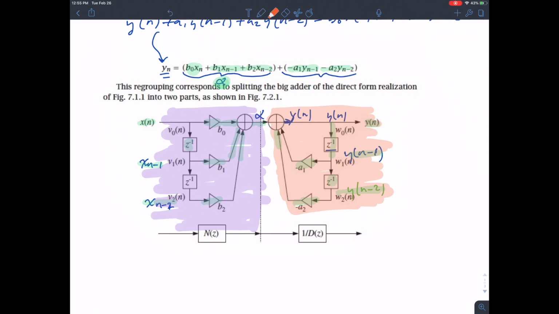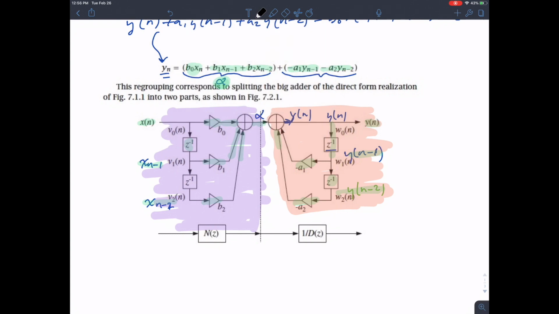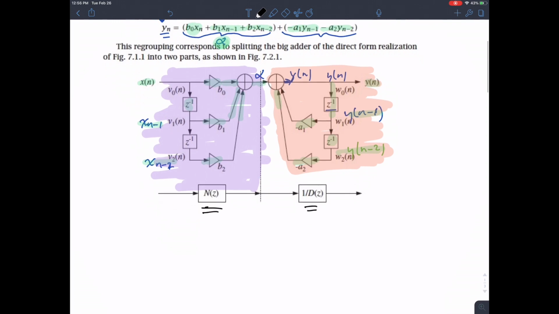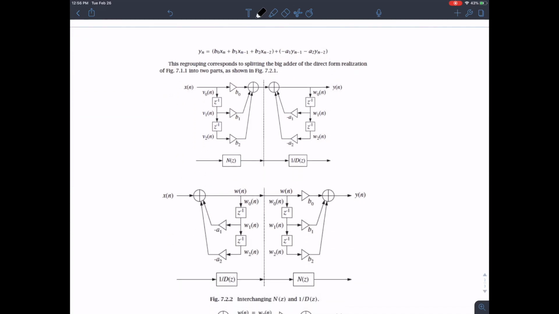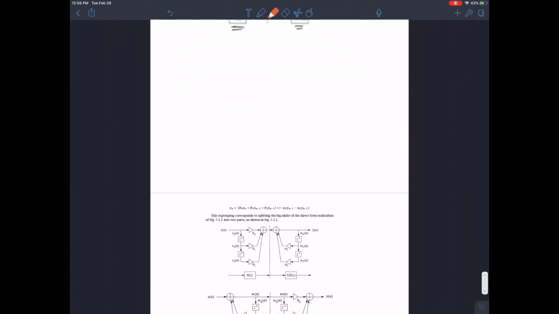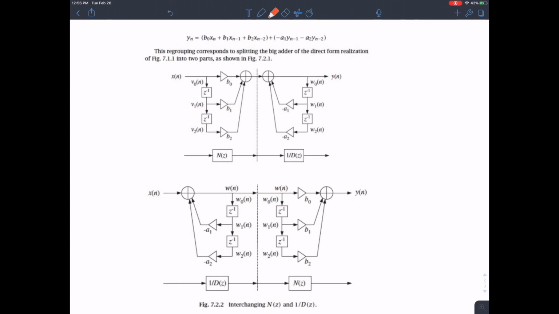Now here's the thing, we talked about it in class. These are linear systems, and so if I had two stacked or cascaded transfer functions, n of z and 1 over d of z, the order does not matter. So I can split these. That's what happens on this next step.